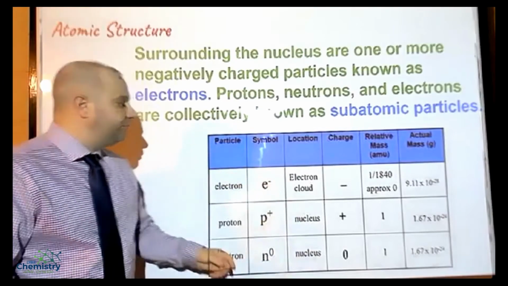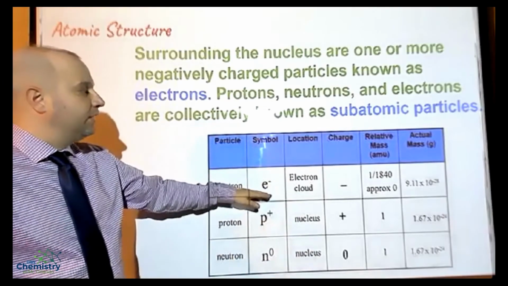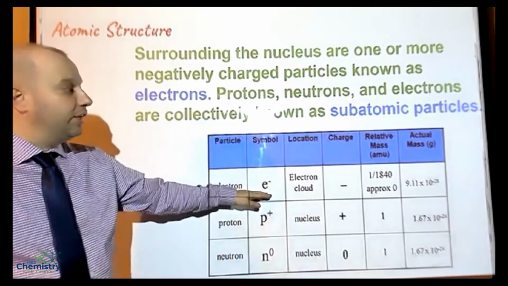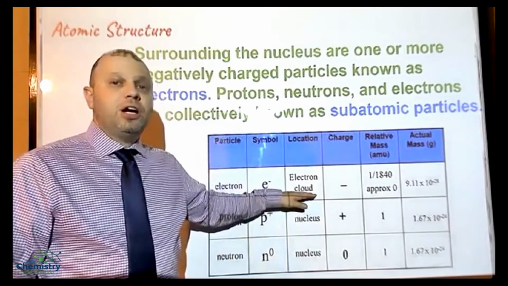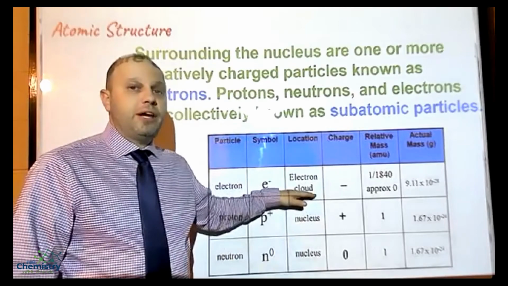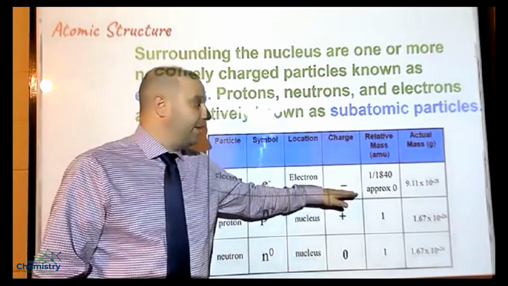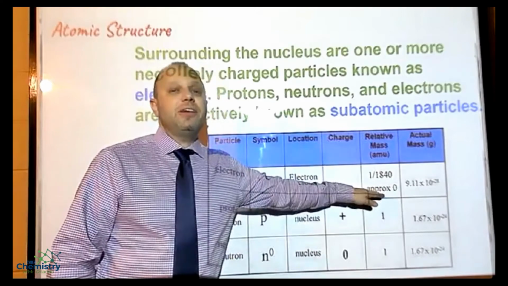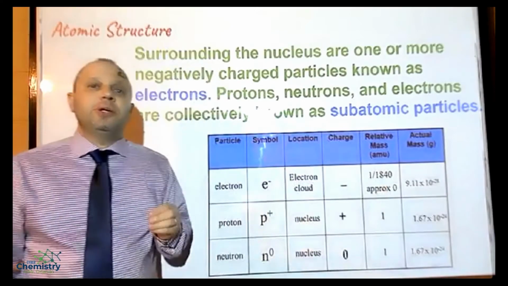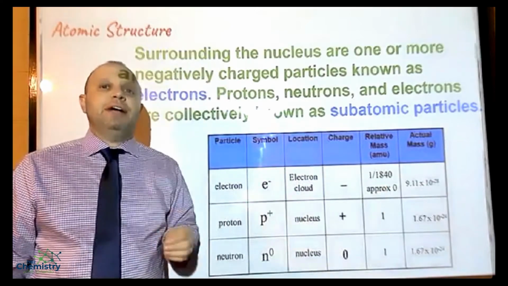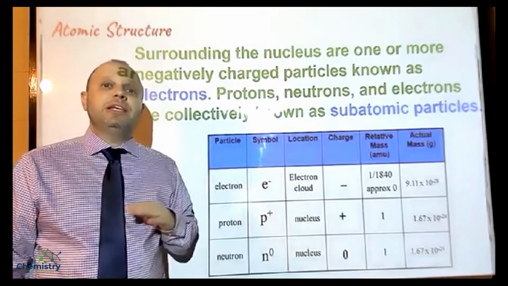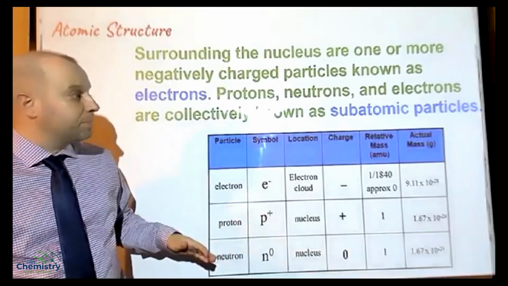Going across each of these rows, if we look at the electron, this is the symbol that we're going to use for electrons, and the electron cloud is where they're found. You saw that picture on the very last slide of the last presentation. They have a -1 charge, and look at their mass. Their mass is so incredibly small compared to the mass of a proton that it's essentially negligible, which means you can ignore it.